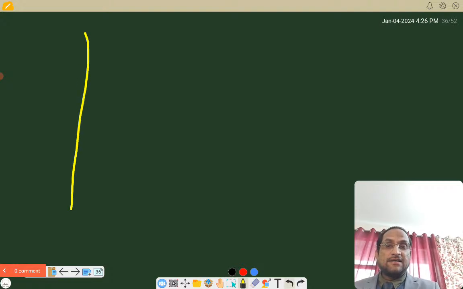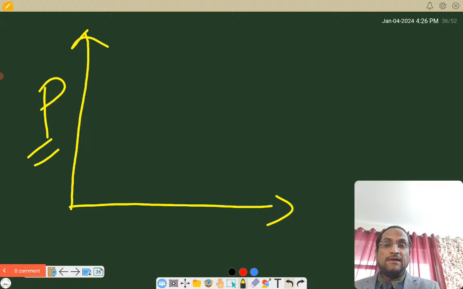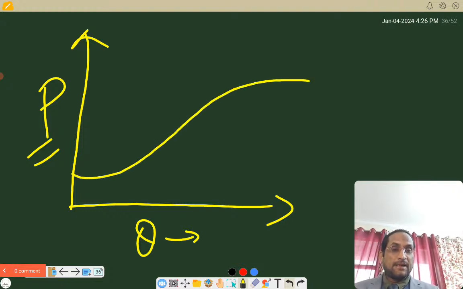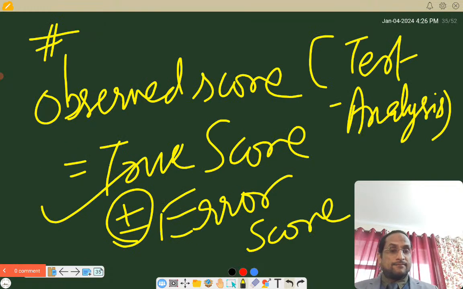An item characteristic curve, where the vertical axis is the probability of the correct answer P, and the horizontal axis is the ability of the person. So this curve comes like this, about which we will study in the next class. It will definitely be tomorrow. So this is classical test theory.